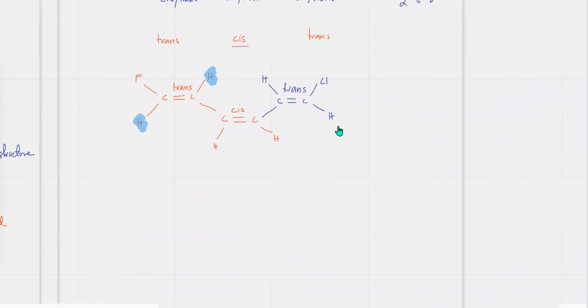Things would get slightly trickier over here. We're going to talk about it because you can be asked questions about symmetric alkenes. Now, what's going to happen if your molecule was symmetric? So we're going to talk about that. So, symmetric alkenes. Just hold on one second. Let me reload this board.